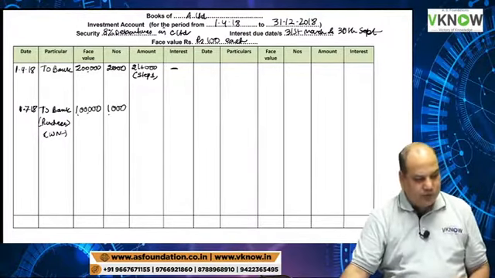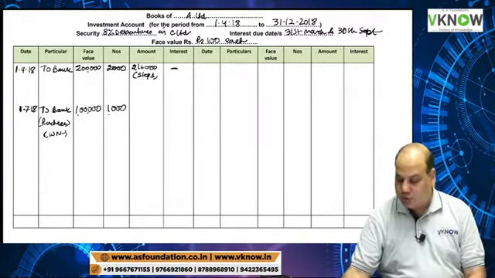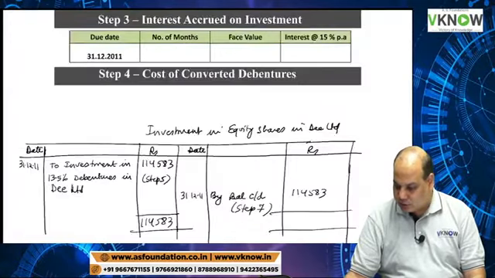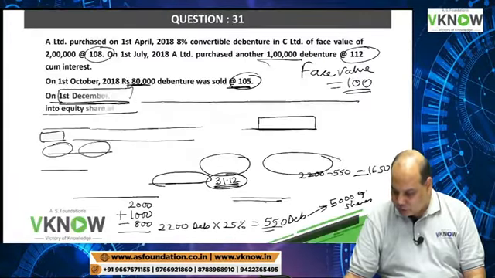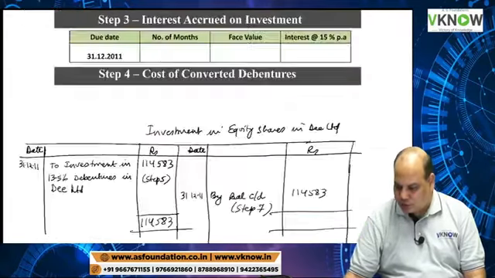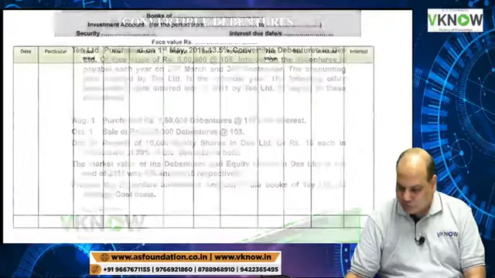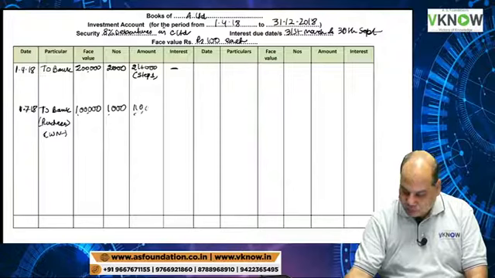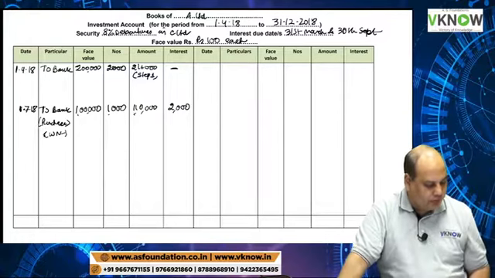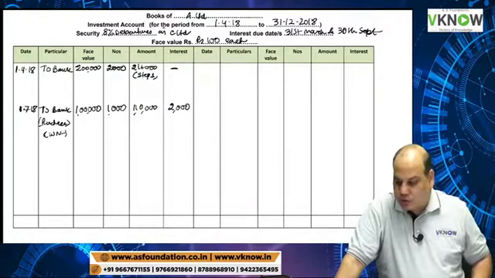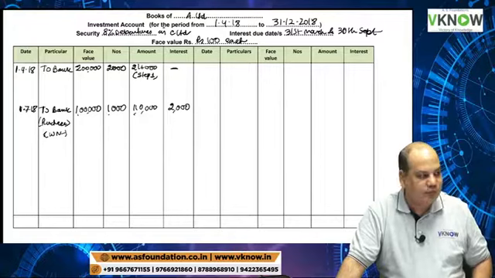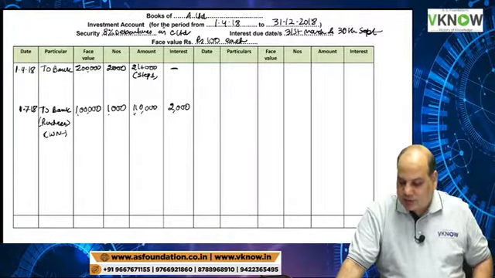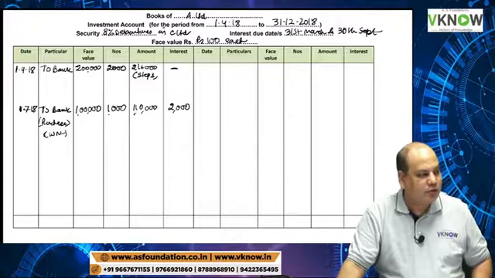Check the ex-interest amount in working note 1. Yes, 1,10,000, the ex-interest amount. And interest amount was 2000. Do you agree? Say yes. We agree. Purchase, any query on purchase?